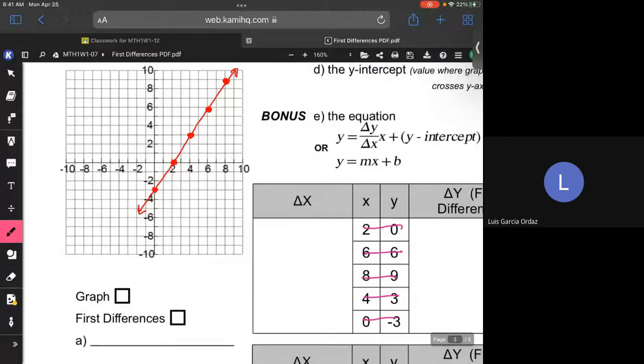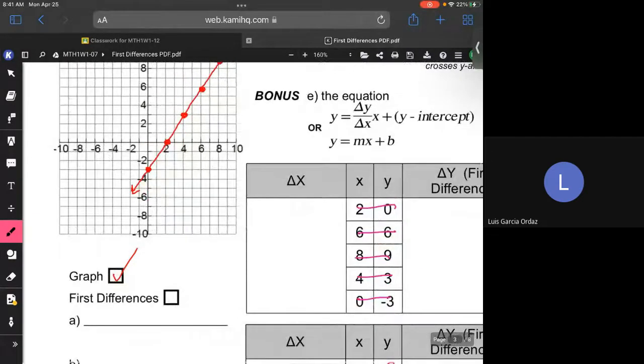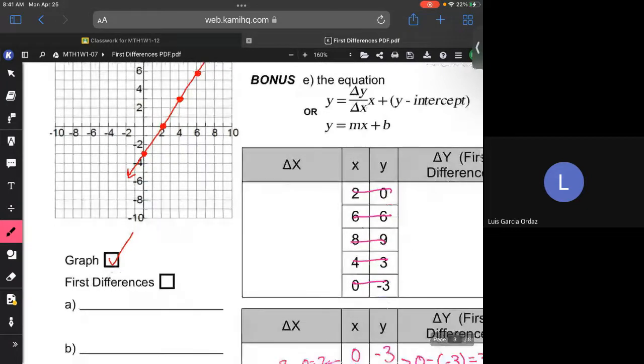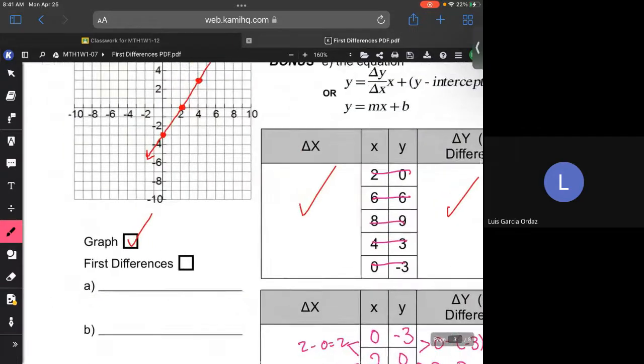So we did our graph, which is good. Now, let's see if we can find an equation. So we did everything right. We changed the order, which is fine. And now let's see if you guys can come up with an equation in y is equal to mx plus b. So what did I say my m was? What was my slope? 3 over 2.